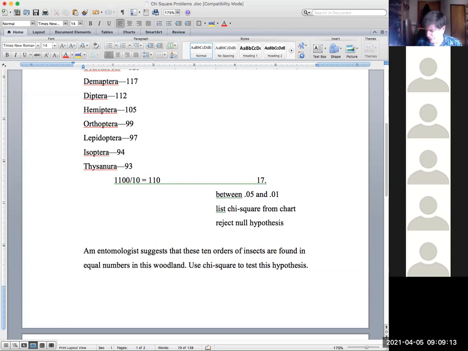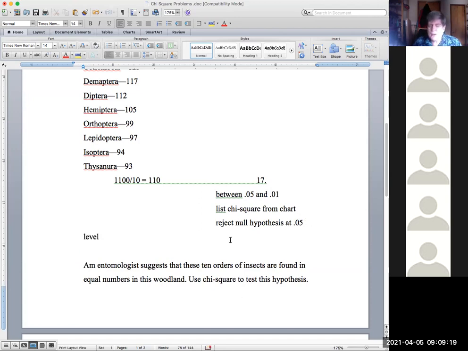I'm not typing very well today. At the 0.05 level, or you could say the 5% level. Keep in mind, back when we talked about frequencies, this is 5/100ths if we would translate this decimal into a fraction. So you could say 5% certainly if you wanted.